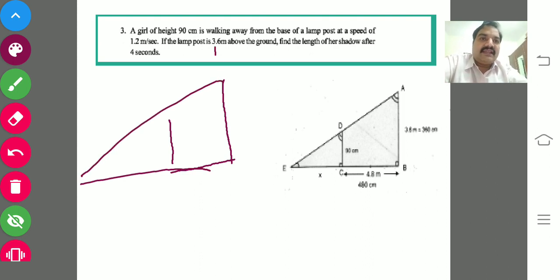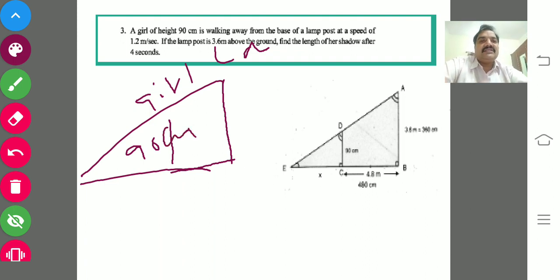Because the girl is moving away now. It is given that the girl's height is 90 centimeters. If you want to change into meters, 0.9.